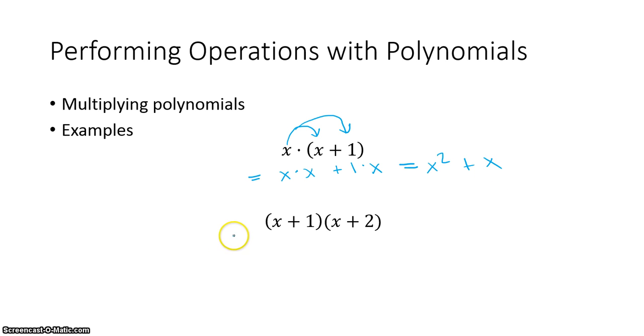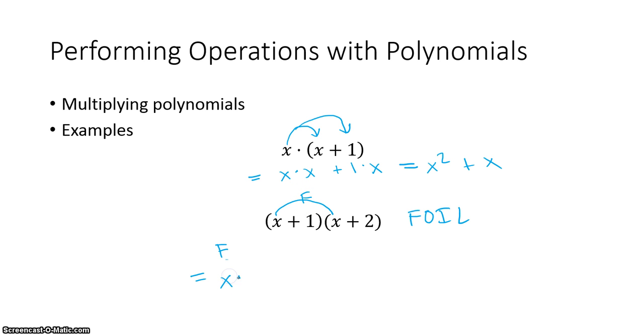How do we deal with this new example? Well, I'm pretty sure everybody has heard my favorite F word, FOIL. The FOIL method is F. You're going to multiply the first terms together. So there's my F piece.